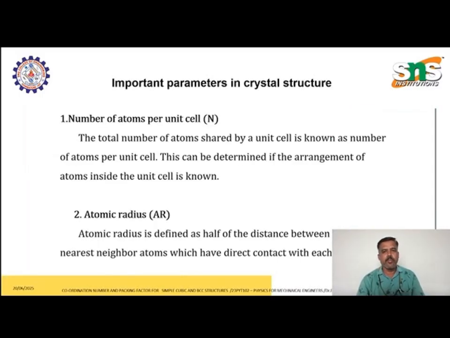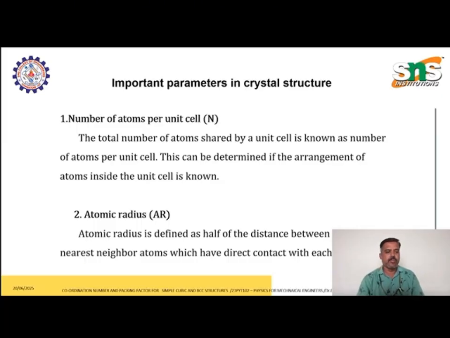The important parameters in a crystal structure, first, the number of atoms per unit cell. Let us recap the term. The total number of atoms shared by a unit cell is known as the number of atoms per unit cell. It can be determined from the arrangement of atoms inside the unit cell in a lattice manner. The next one is the atomic radius.